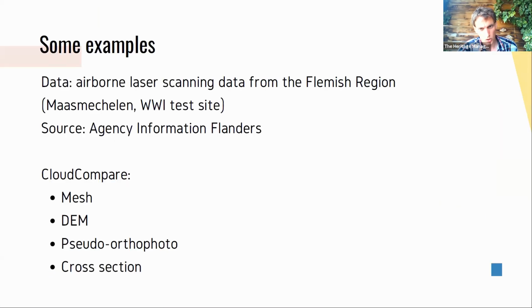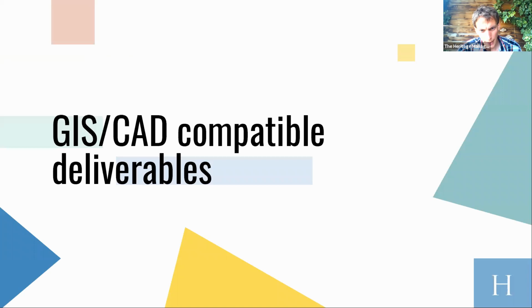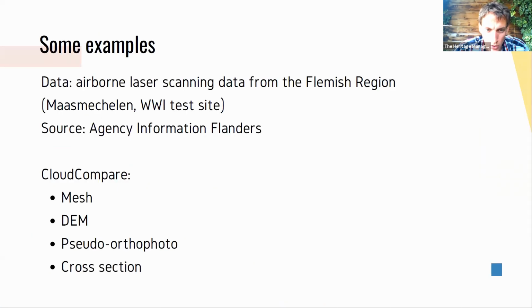If you want to do a little bit more on the point cloud and make the data more accessible, it is always good to think about GIS or CAD compatible deliverables.